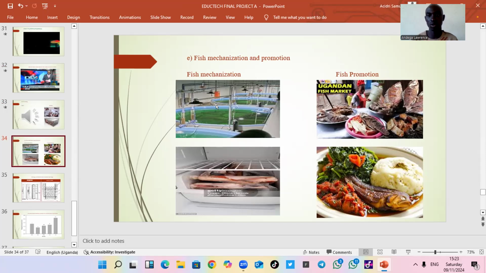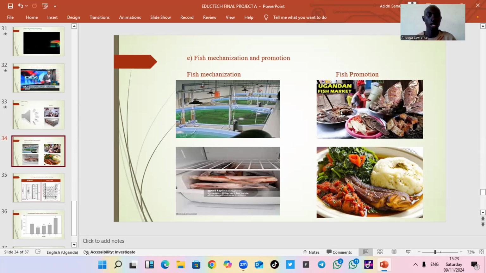So it is used to make fish raised to supply the demands that are high in the market. So is another method. And then under fish mechanization, we can also keep fish in refrigerators still. It is part of mechanization, making use of facilities like refrigerators to keep fish.